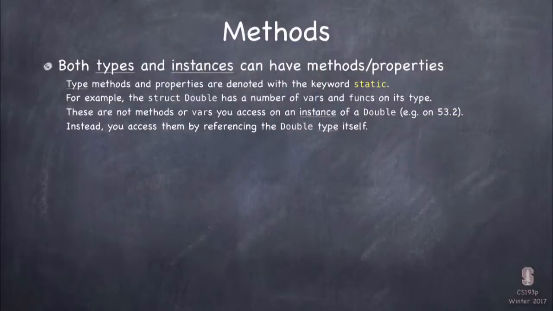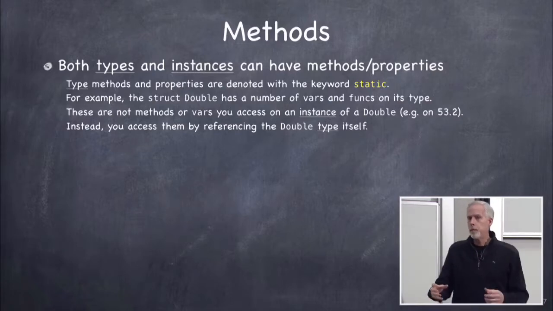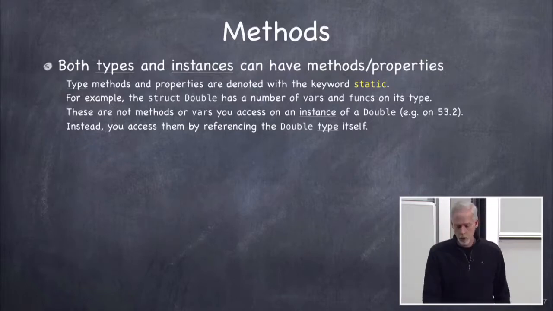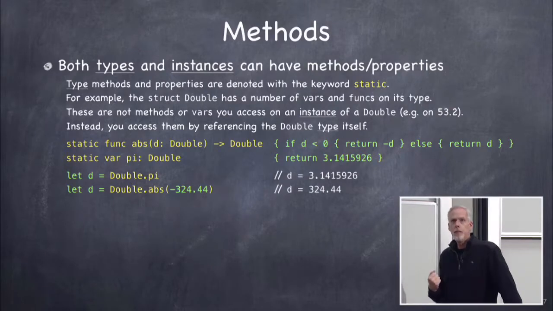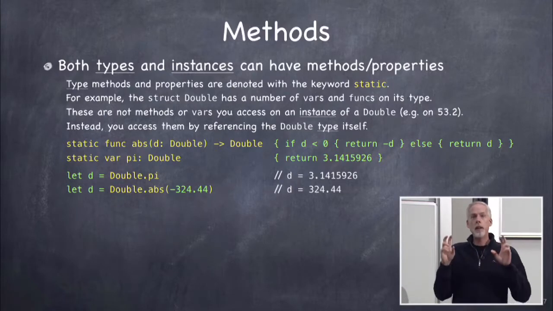So let's think about double, for example. Double actually has quite a few static or type methods and vars. You access them by sending the message to double, to the actual word, capital D-O-U-B-L-E. You don't send it to an instance, you send it to that word. And you've already seen at least one of these, which was pi. Remember we said double.pi and we got the value of pi? So pi is a var, a computed var, on the class, or the struct actually, double.